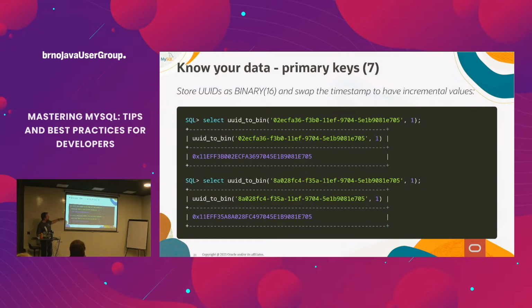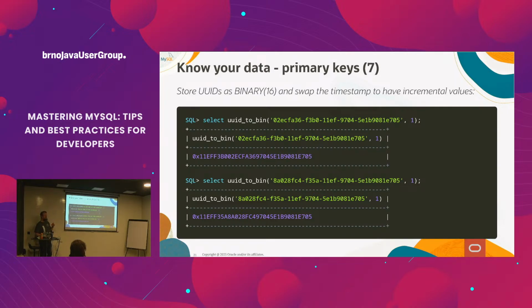So when we create it as a binary 16, we will add only 16 bytes to every secondary index. I know a phone has at least 64 megabytes, so who cares about these bytes? But when you are at scale, this makes a big difference. And then we use here, you see the comma 1, the swap flag, when we use UUID_TO_BIN to change, in the binary way, the timestamp at the beginning.